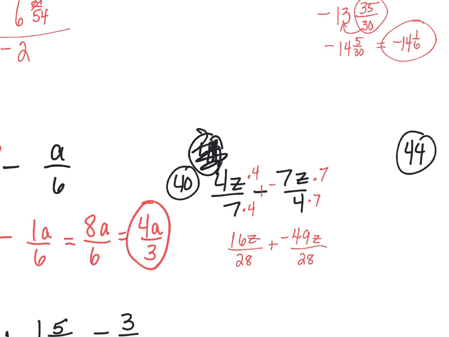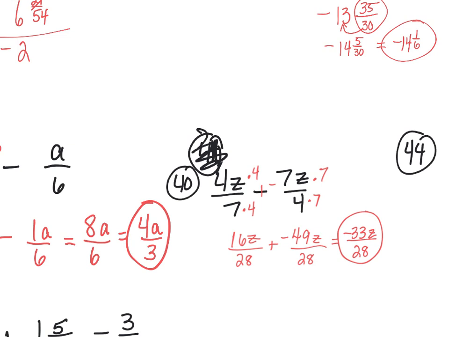And we're really going to subtract these. Okay, so 49 minus 16 is 33, and we got to make it negative over 28. I do not make that into a mixed number. It's got a variable with it, so we cannot do that.